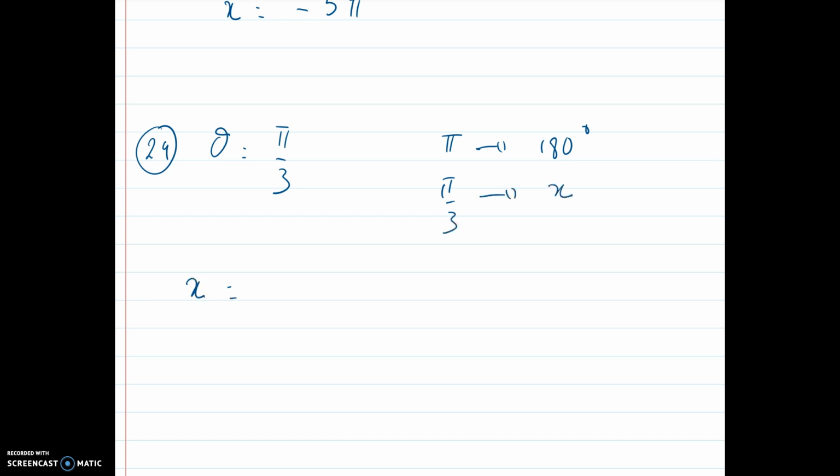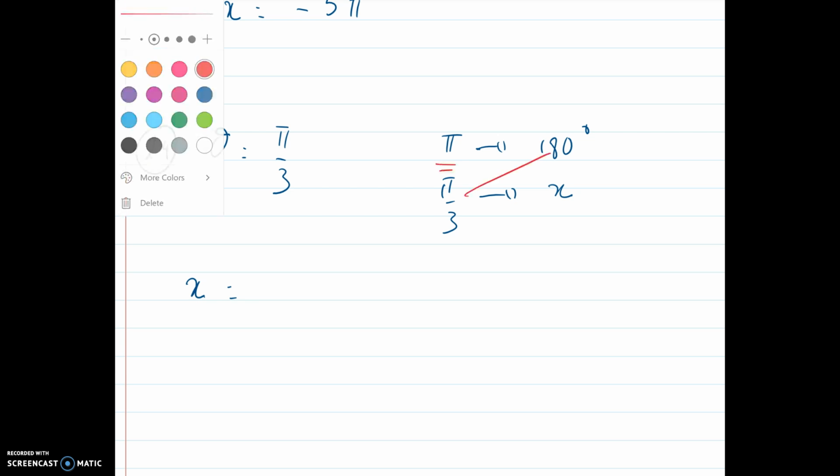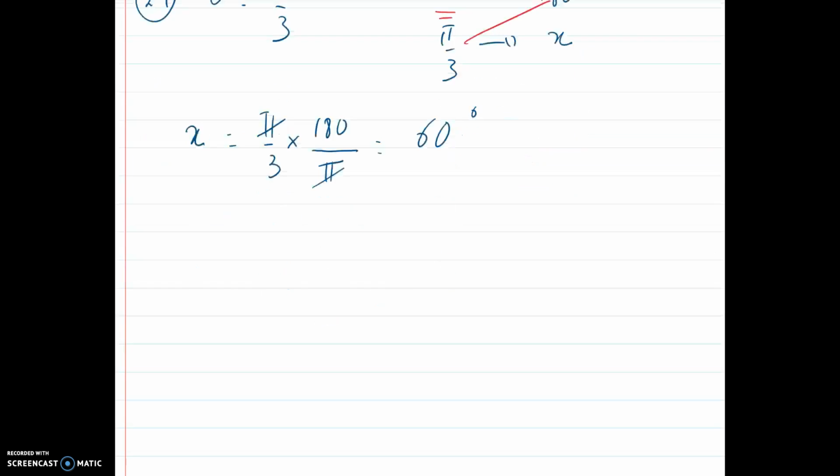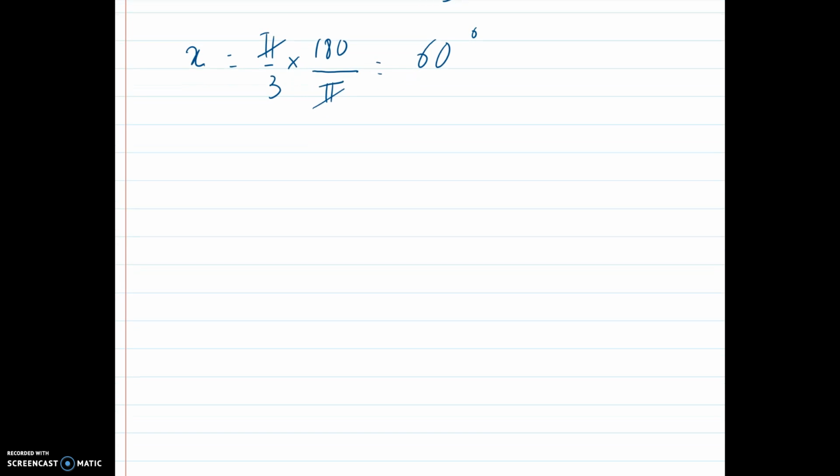X is equal to the diagonal, pi over 3 multiplied by 180 divided by pi. Pi can divide out, 180 divided by 3, 60 degrees.